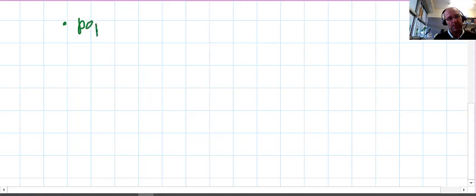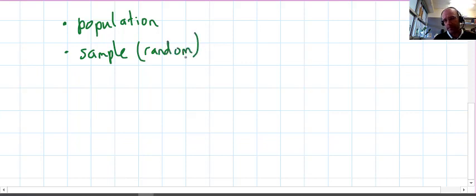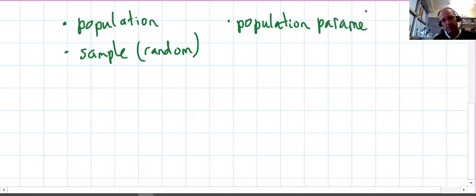Furthermore, you should already know what these terms mean: population, the whole group of interest, the relevant group, the entire group; the sample, especially chosen randomly; population parameter; and sample statistic.